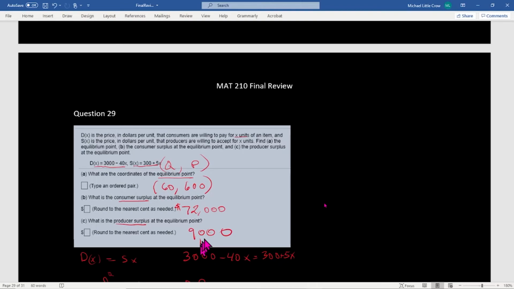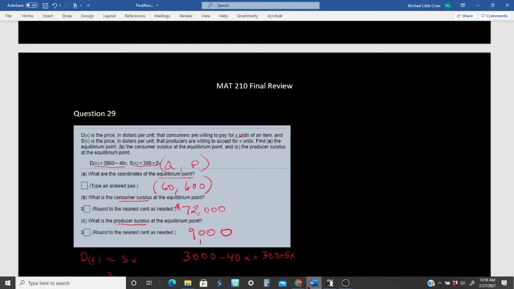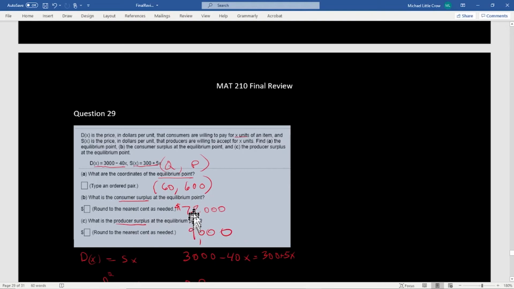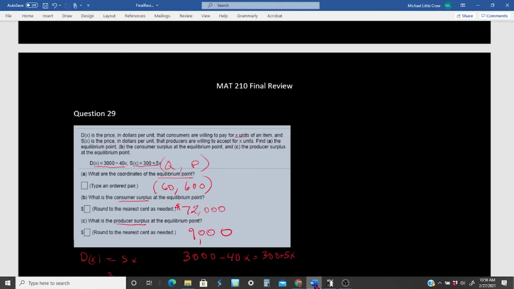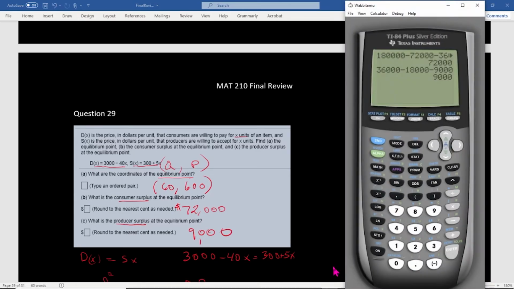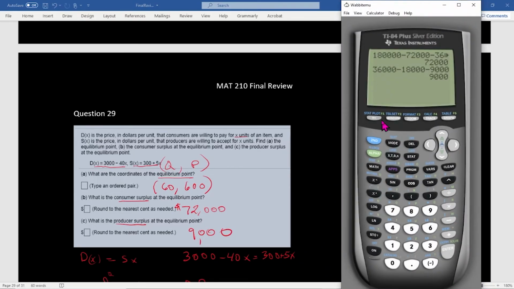And we could do one check here because we have, and I'll just show you. If you add these together, the total surplus is what? 81,000. Watch this. I hope it works. I haven't tried it yet, so we'll see. Which one was on top? Well, this one obviously starting higher. So Y1's on top, Y2.